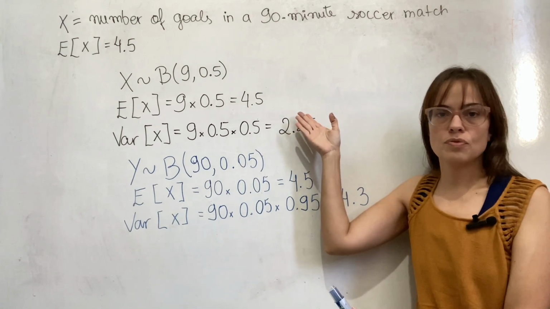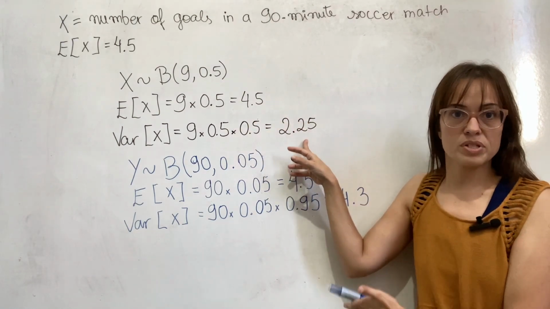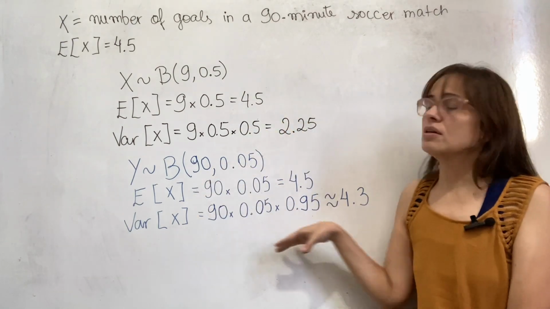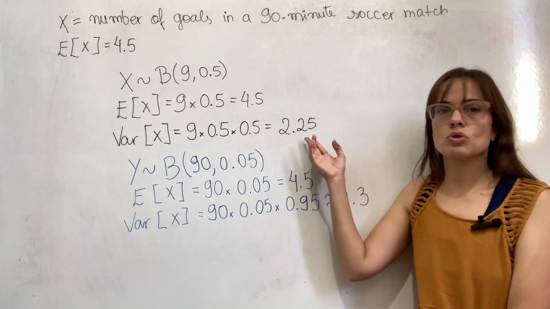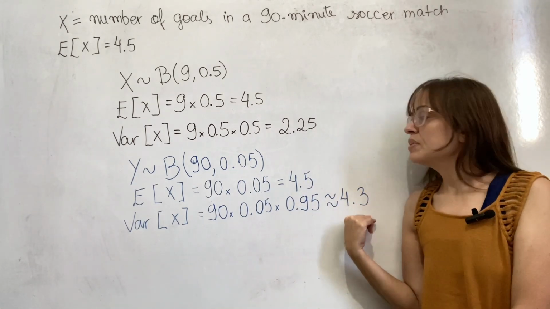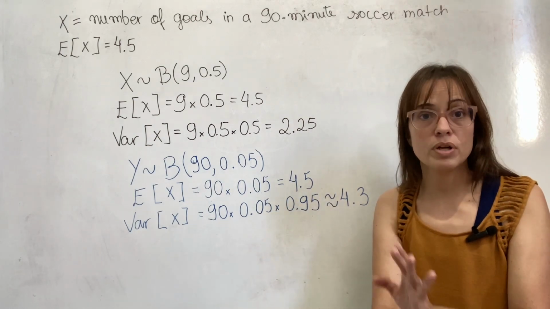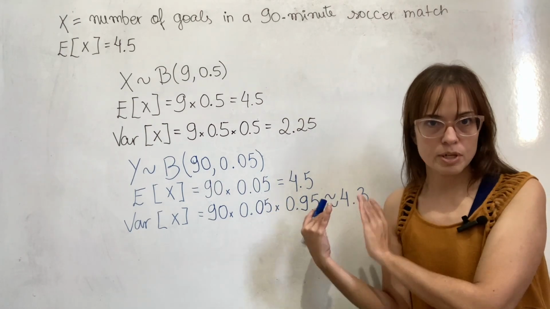We started with an interval of 10 minutes and they were really quite different. One was half of the other. And then the other one that I had here, the variance was already 3.4, I think. Now it's 4.3. It seems to be getting closer to 4.5. And that's exactly what I'm going to try to rigorously prove.